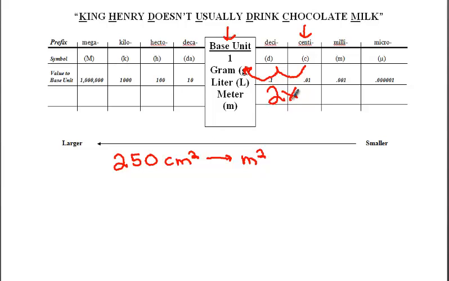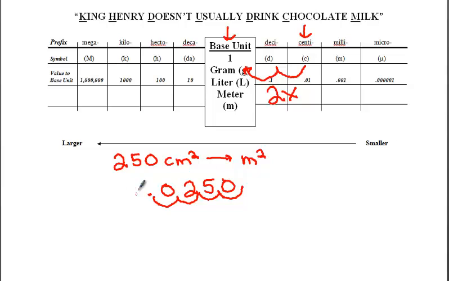So in any area conversion, when we're dealing with squared units, we are going to double the amount of spaces that I would move in 1 dimension. So let's take our number here, 250, and instead of just 2 spaces, we're going to double that, and now we're going to move it 4 spaces. So it's 1, 2, 3, 4. And we add a 0 where there's a blank.